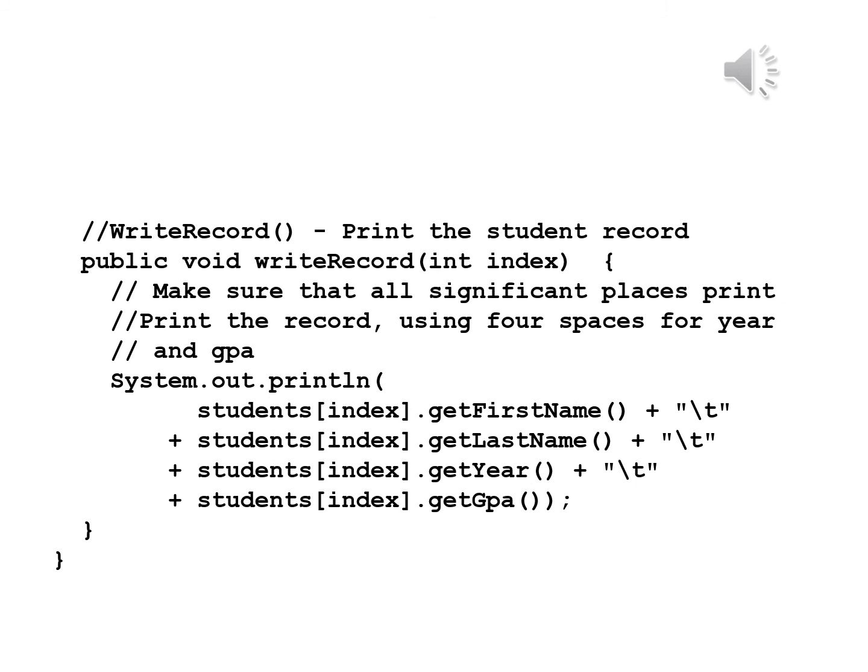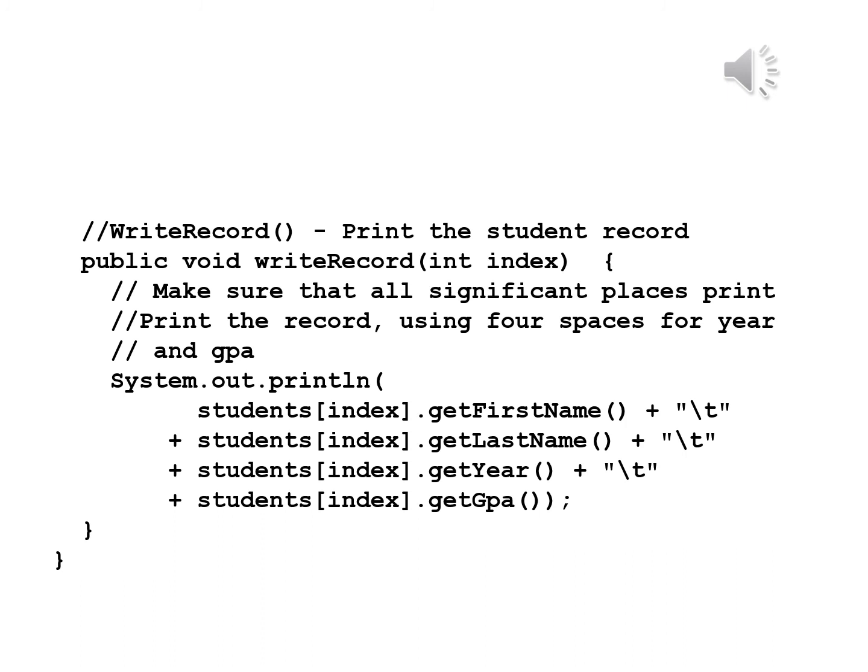The only other method is write record. We will print the record of a student indicated by the index in the array. Public void write record, int index. Now we're going to print here the first name, last name, the year, and GPA.